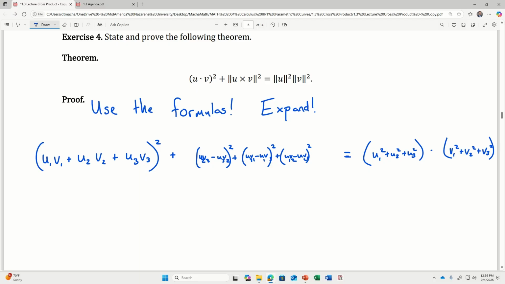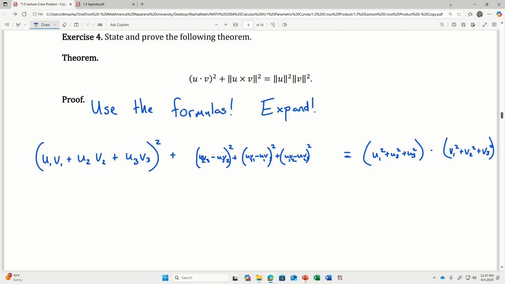And at the end of expanding everything out, you'll find that the left side of this equation is equal to the right side of this equation. I'm not going to do that. Why not? Because you already understand what the process is, right? It's just going to take too long. Okay. I'm glad you know.